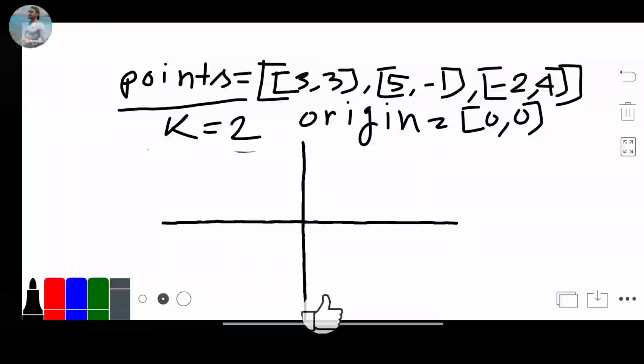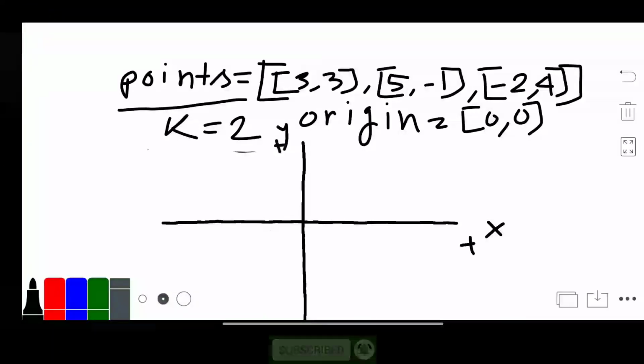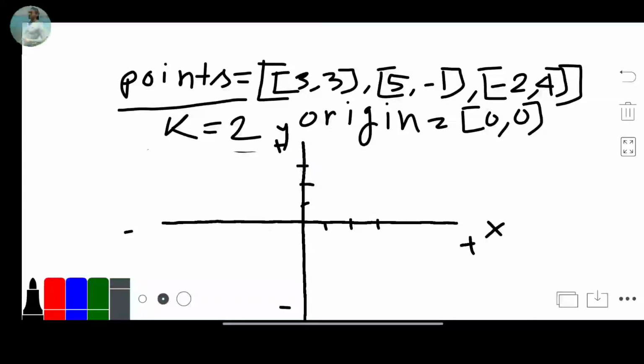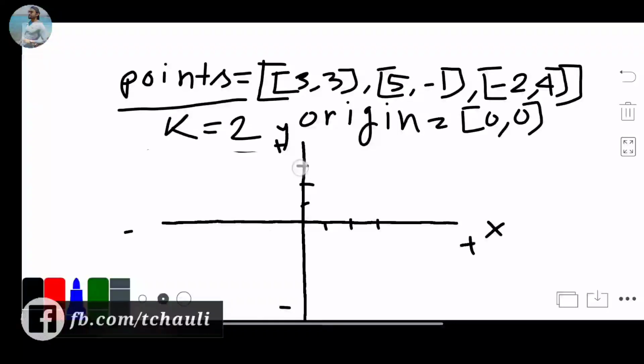This is our x-axis and this is our y-axis, with plus and minus directions. Now we plot the points in this graph.